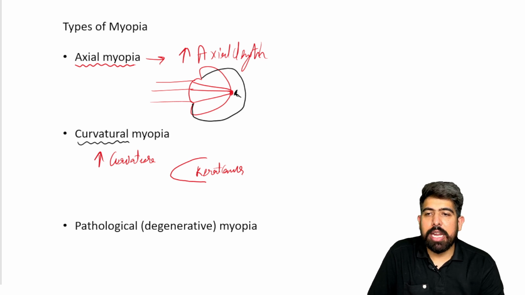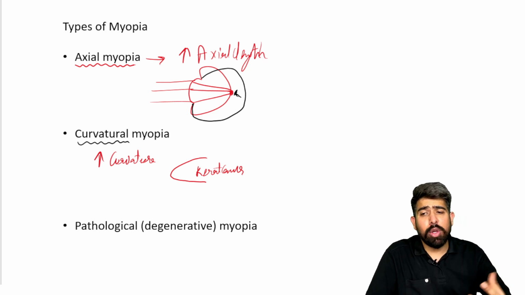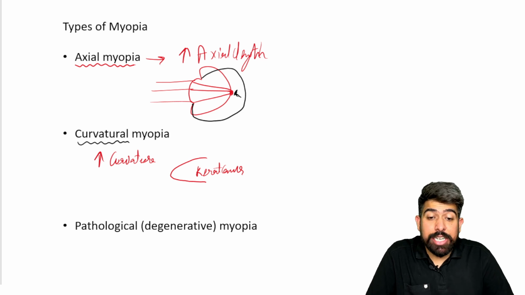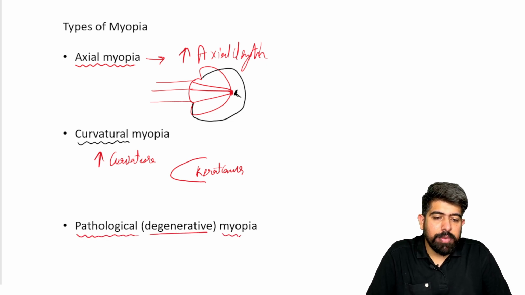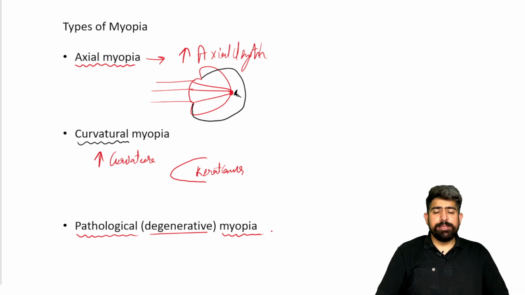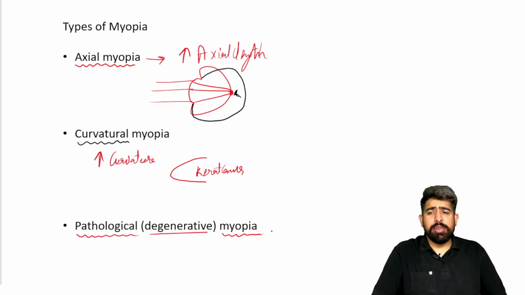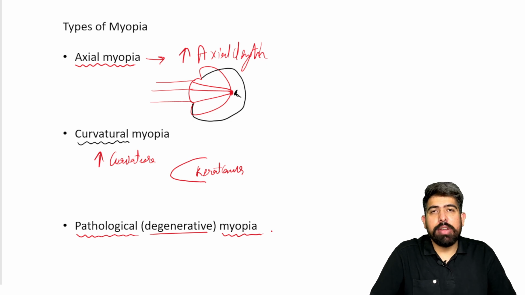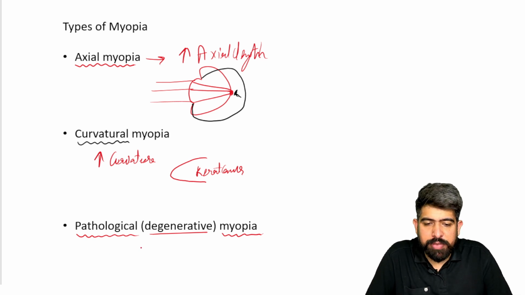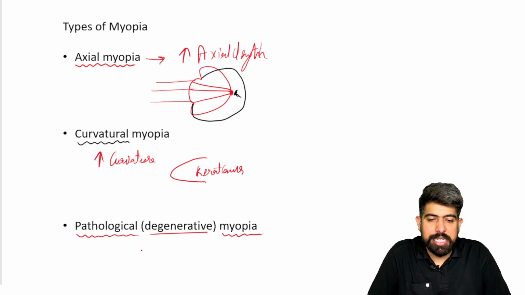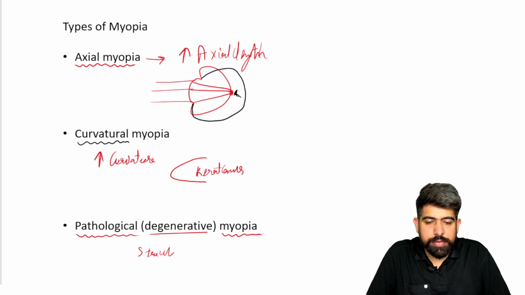And the last one is known as pathological, also known as the degenerative type of myopia. It is seen in pathologies, where tumors, or maybe any other pathology, stretch your posterior segment.